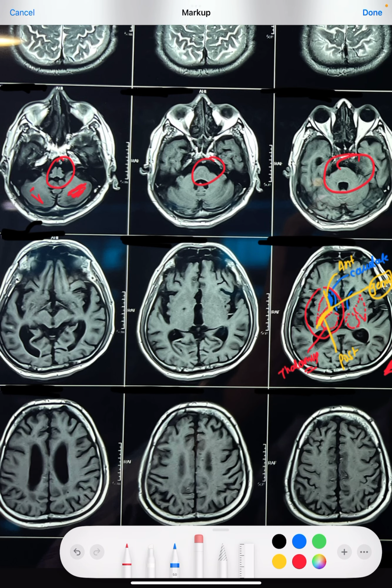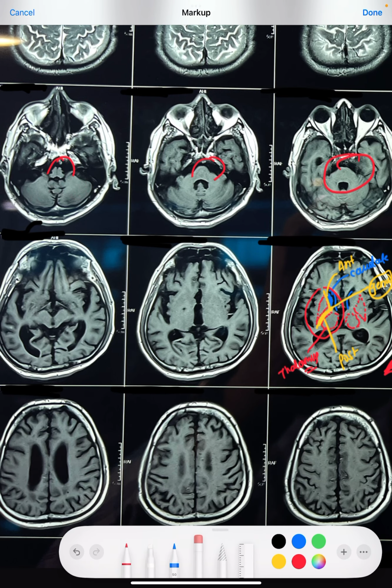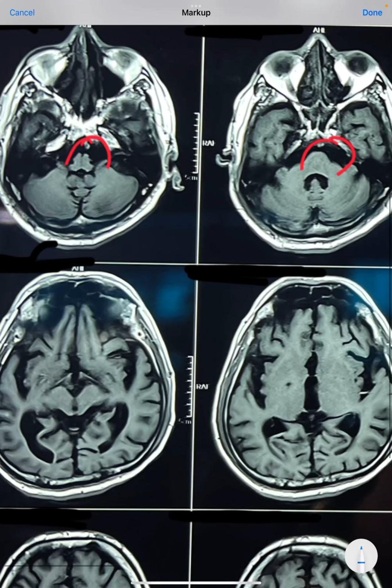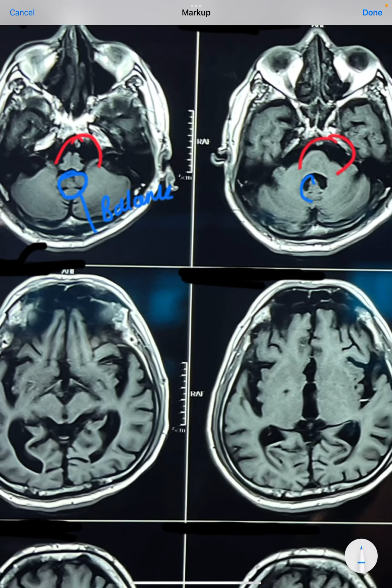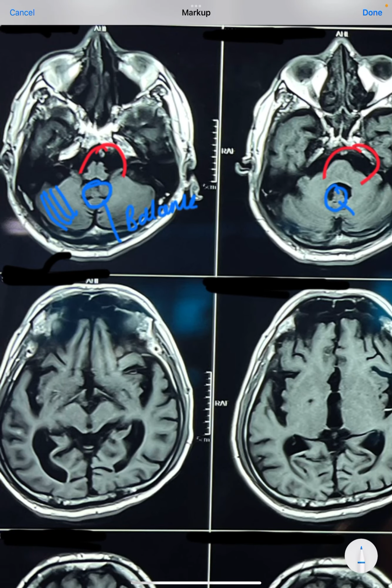One of the most important structures in the cerebellum is the vermis. Vermis is the central structure of the cerebellum, which is the most important part for balance. So if there is vermis involvement, patients have extensive problems in balance. They cannot maintain balance and they have a tendency to sway on one side, whereas the cerebellar hemispheres typically involve one extremity.